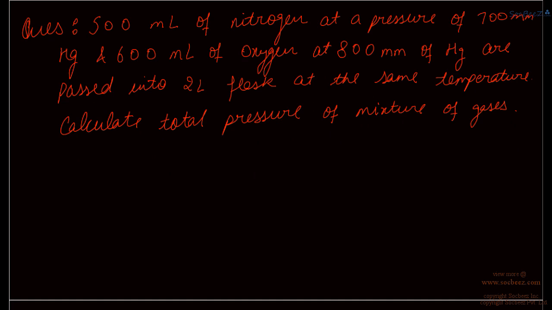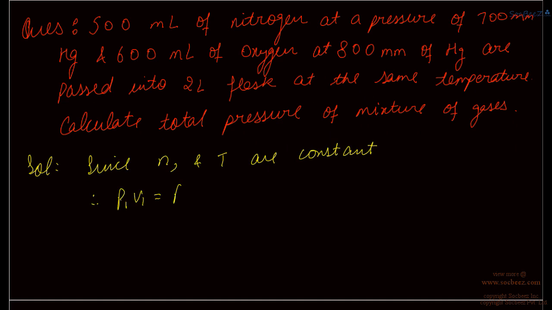Since the number of moles of nitrogen is the same as before, and so is the temperature, therefore we can say that P1 V1 equals P2 V2.